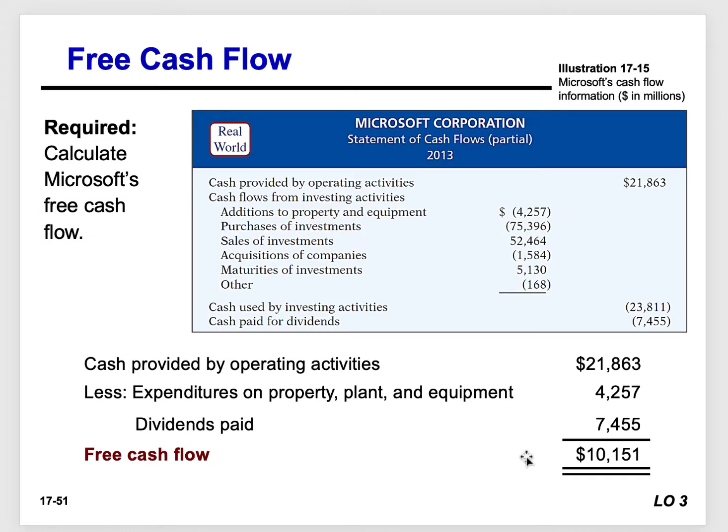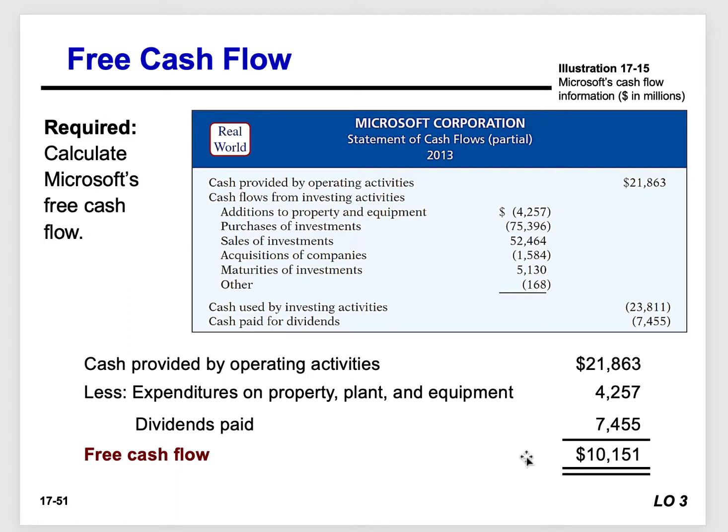So if we look at our statement of cash flow, we can calculate what Microsoft's free cash flow is. First thing we do is we say, here's the cash provided by operating activities, $21,863. Then we look at the expenditures on property, plant, and equipment.